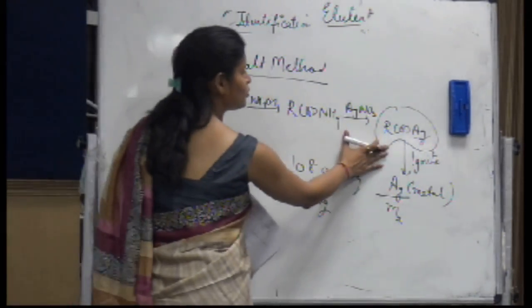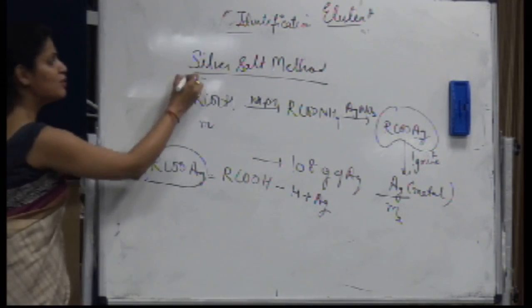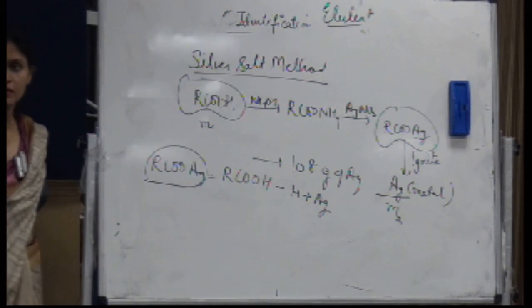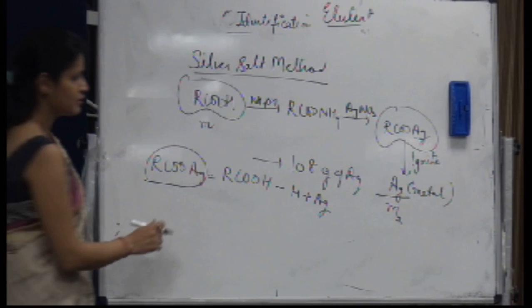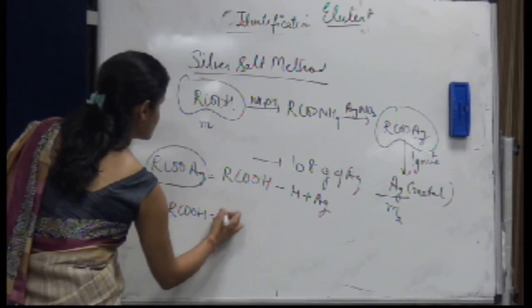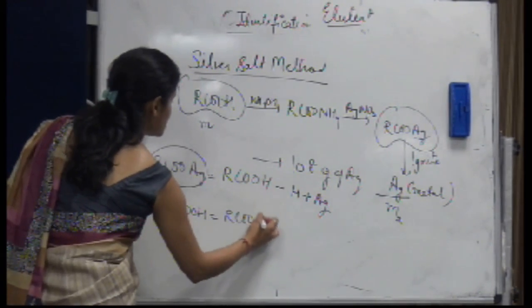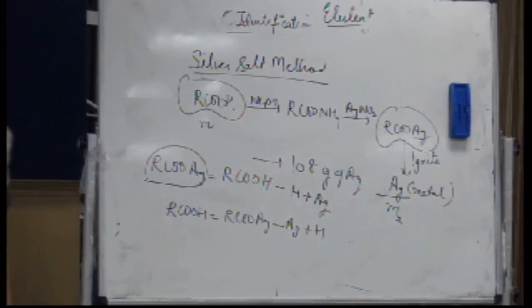If I already know the molar mass of the salt that has been formed, I can find out the molar mass of this acid, or vice versa. So RCOOH is equal to RCOOAg minus Ag plus H, that's what it is, okay?